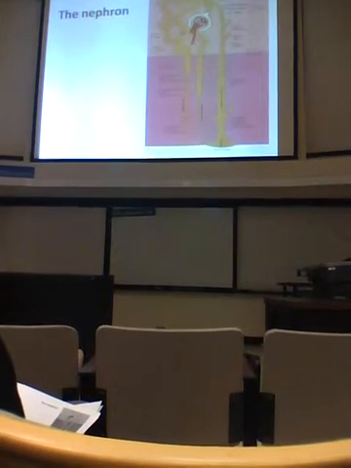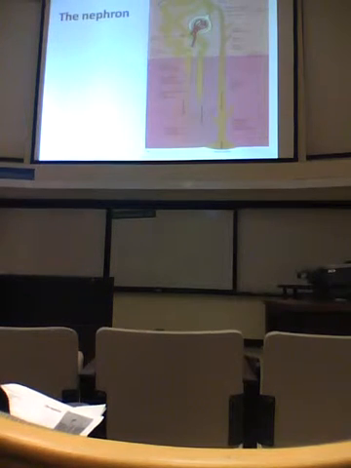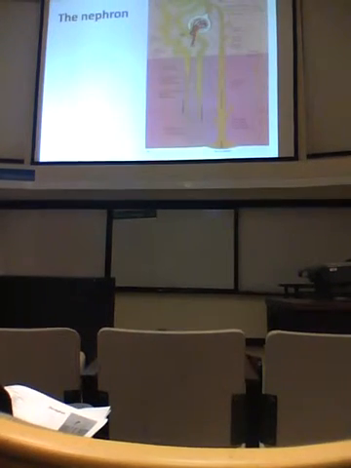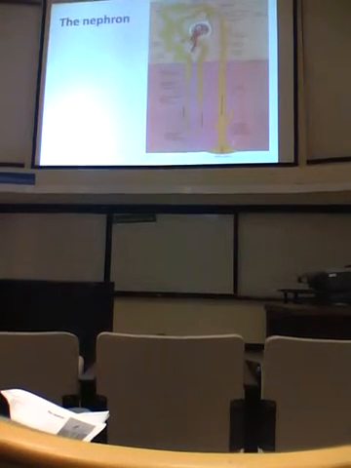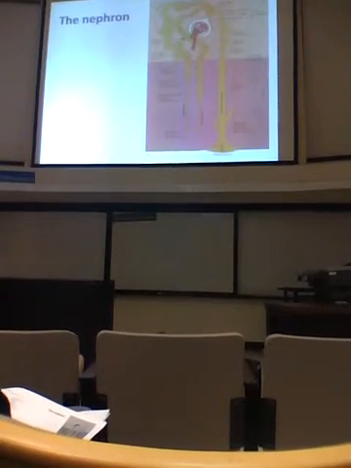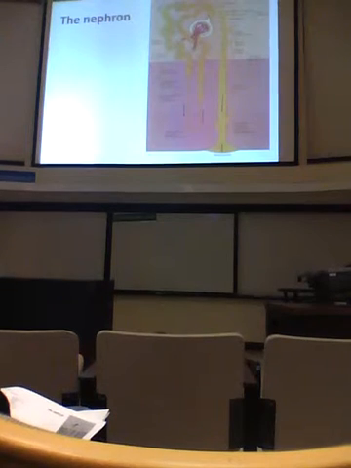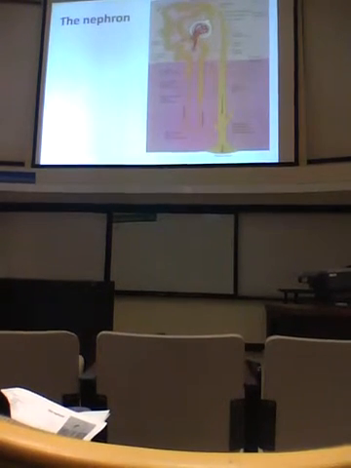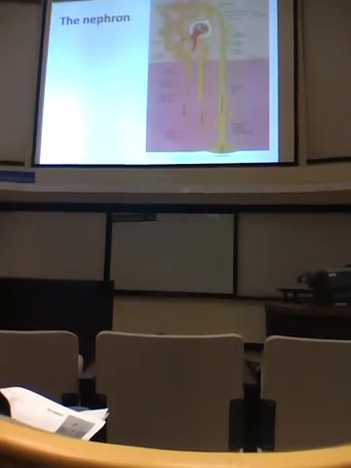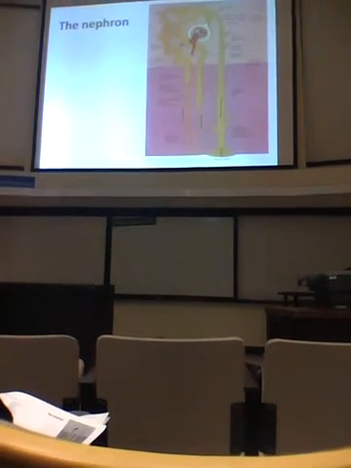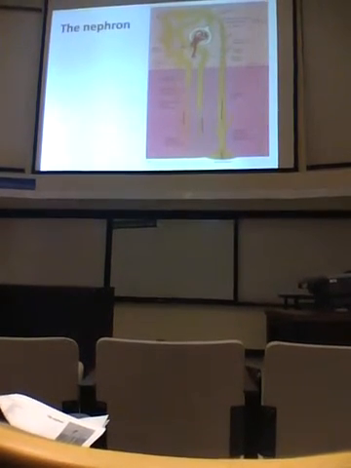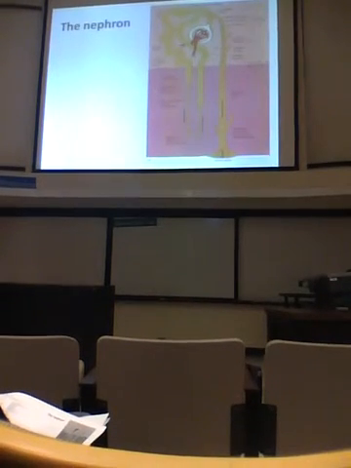By the time it gets to the collecting duct, the filtrate has been modified, and the end result is urine, which is passed on to the renal pelvis, which is part of the kidney, and then to the ureter. So what we want to talk about first is the filtration process, which is going on right here.